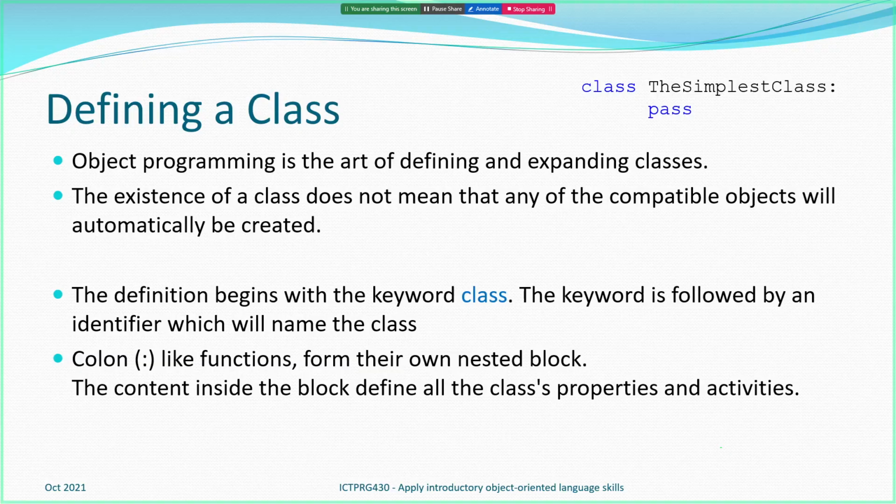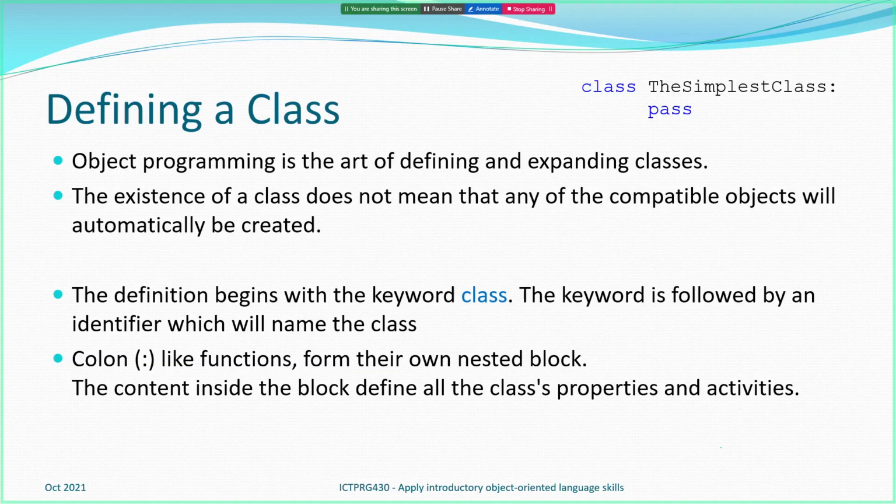How do we define a class? Well, it's quite easy. We type in the keyword class, followed by the name that we're giving the class, and follow that with the colon.